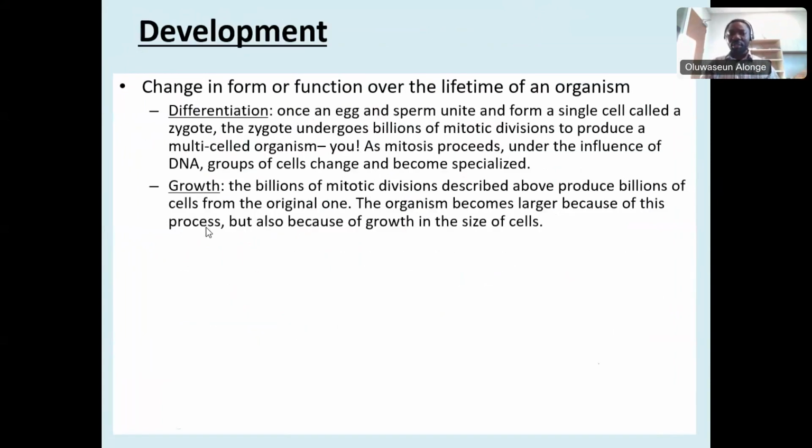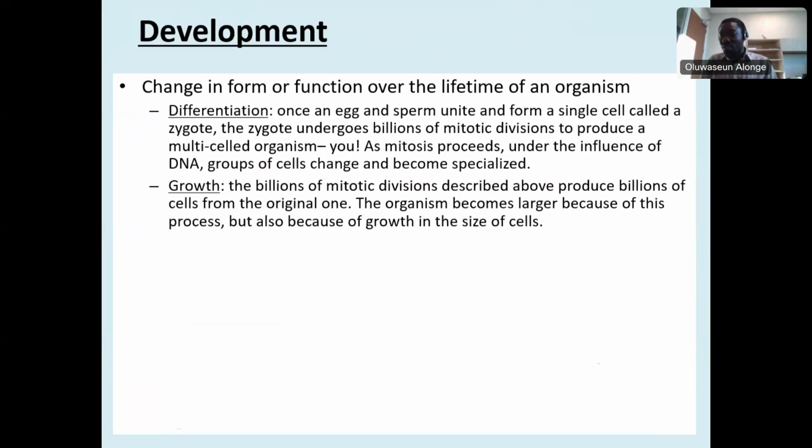Now, changes that happen in our system are either differentiation, which I gave a hint of earlier, or growth. Differentiation is what happens once an egg and sperm unite. They form a single cell that we call a zygote. So egg and sperm gametes form a zygote. The zygote is going to start differentiating, and that is to undergo several divisions.